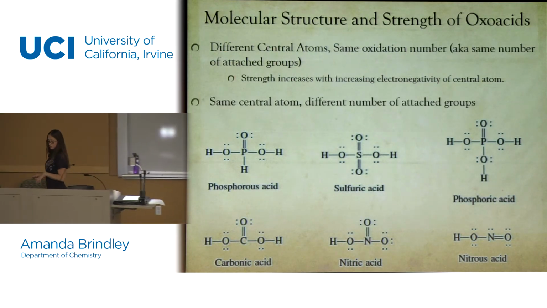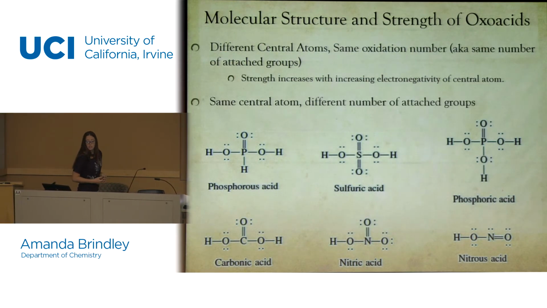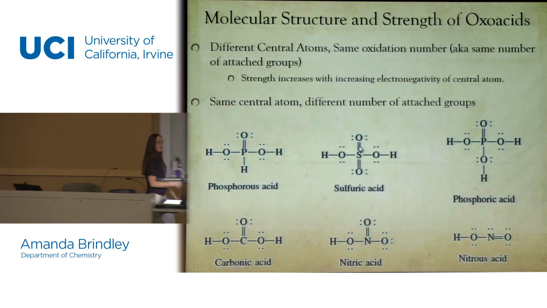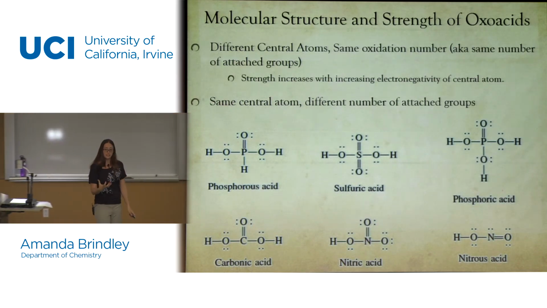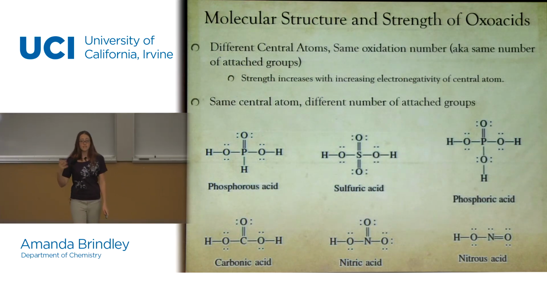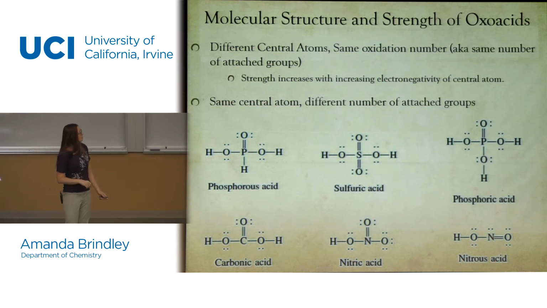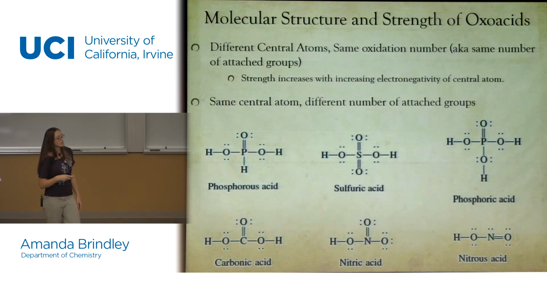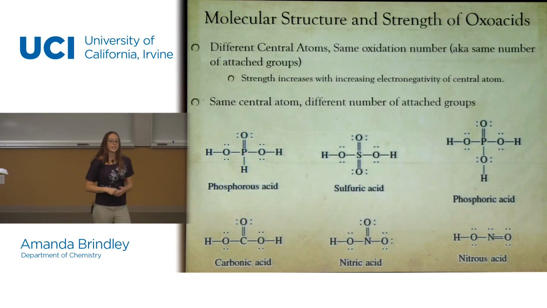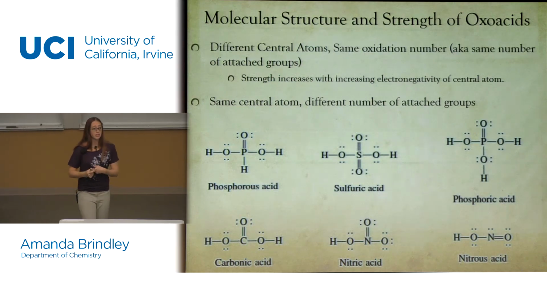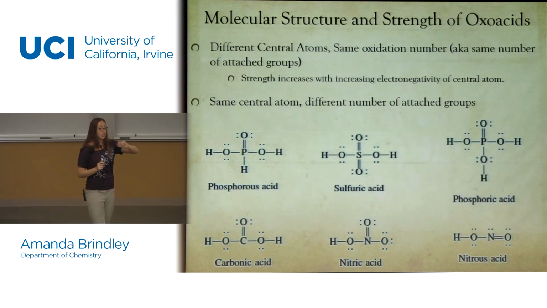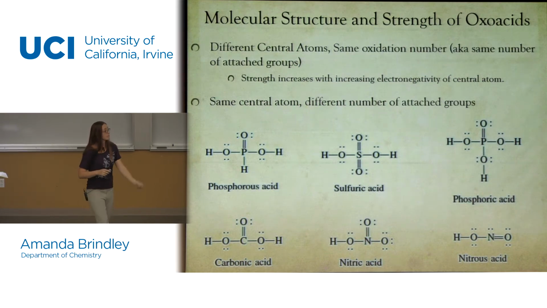So let's look at an example. The other thing that happens is if we have different numbers of attached groups, so comparing a sulfate to a sulfite, or comparing a phosphate to a phosphite. We'll look at examples in the next slide. But what happens there is that we increase the number of places that the negative charge is distributed to because of resonance.